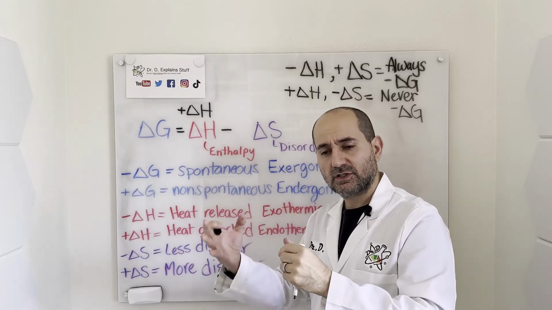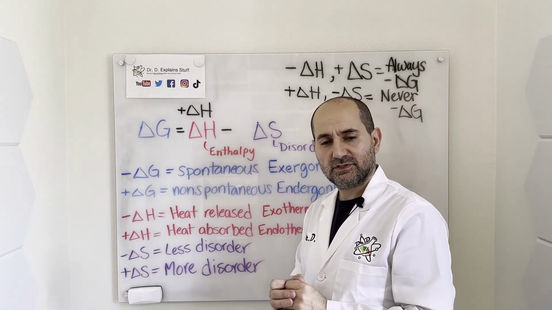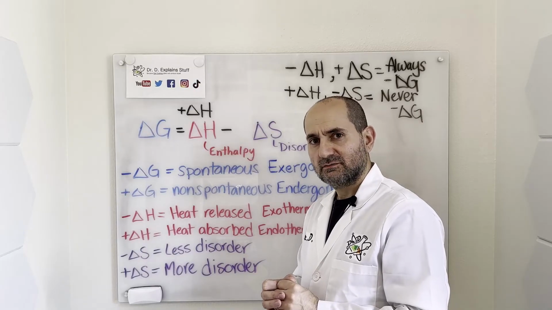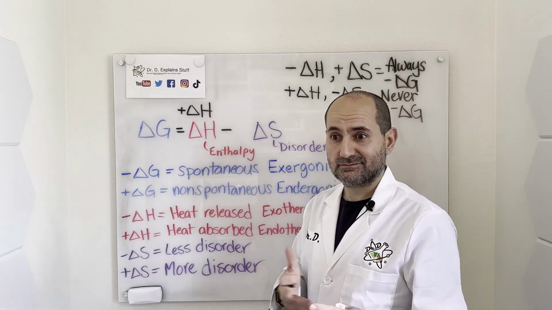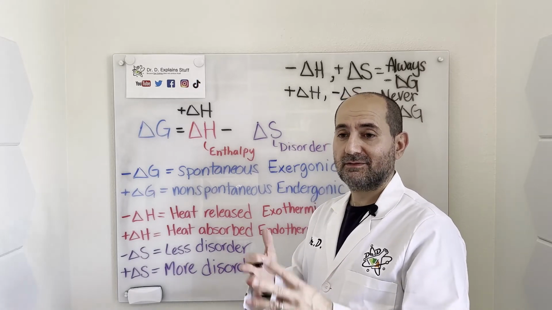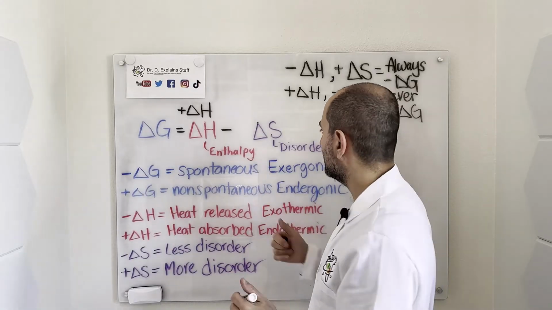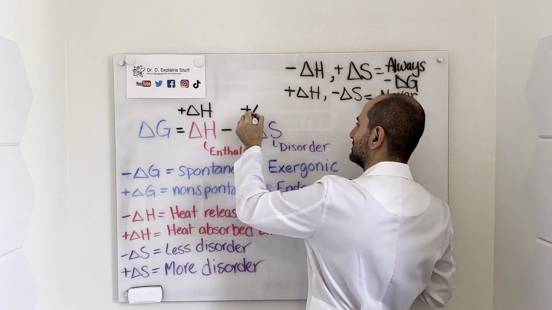If a solid got dissolved in a liquid, what kind of scenario would that be? More disorder, right? Because a solid just got dissolved in a liquid. Anytime you dissolve something in a liquid and it becomes aqueous, that's more disorder. So my delta S is positive delta S, right?